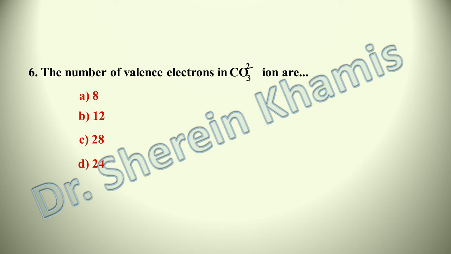Okay, if we want to know the valence electrons here, carbon is tetravalent as it is surrounded by 4 electrons, and here we have the oxygen surrounded by 2 electrons. It's divalent, it needs to gain 2 electrons.